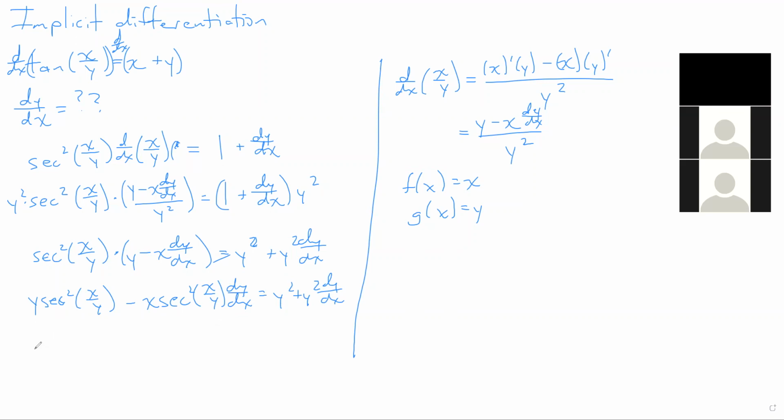So I will do that. y squared dy/dx plus x secant squared x over y dy/dx equals y secant squared x over y minus y squared. So then I'll factor out a dy/dx over here.